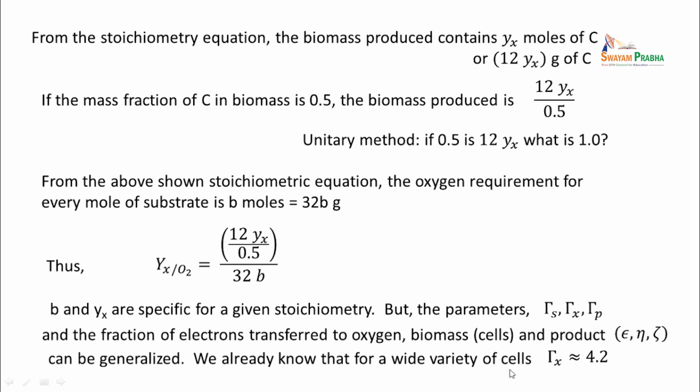We already know that for a variety of cells, gamma X equals about 4.2. From our formulation, we know that 4b by gamma S is the fraction of electrons supplied by the substrate to oxygen. Yx gamma X by gamma S is the fraction of electrons supplied to the biomass, plus Yp gamma P by gamma S, the fraction of electrons supplied to the product.